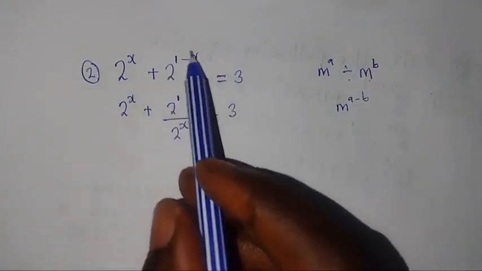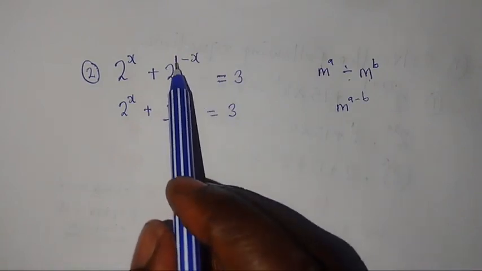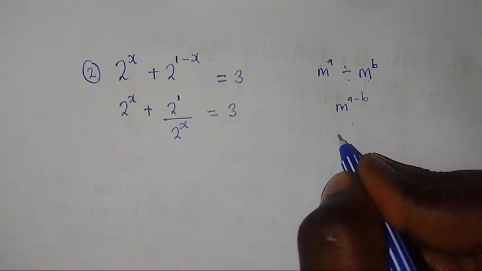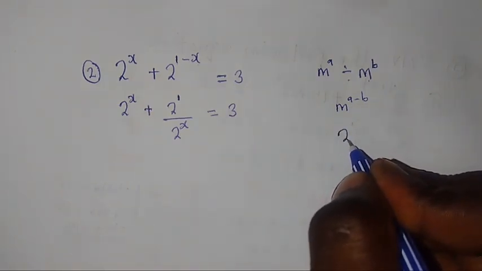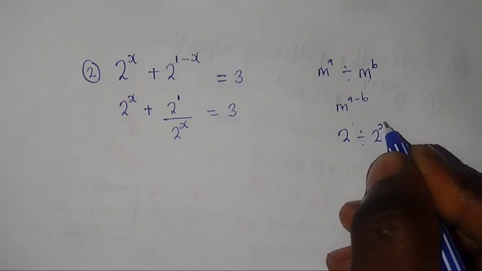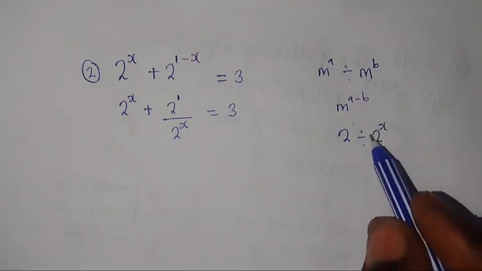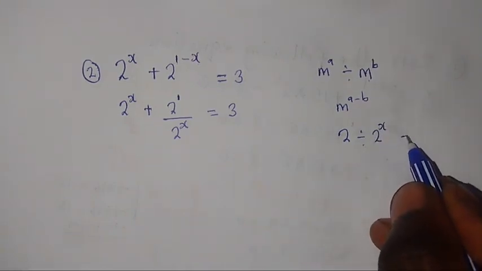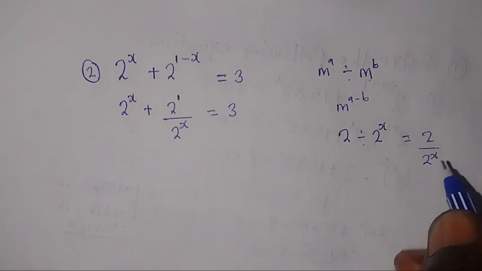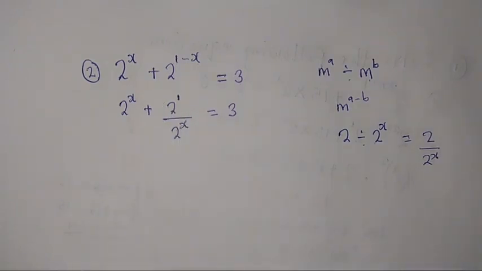So this is where this was coming from. For this to be 1 minus x, it means that they were dividing: they had 2, then divided by 2 raised to the power of x. So you can write it in this way, 2 over 2 to the power x. This is what I've applied here. I hope we are now together.